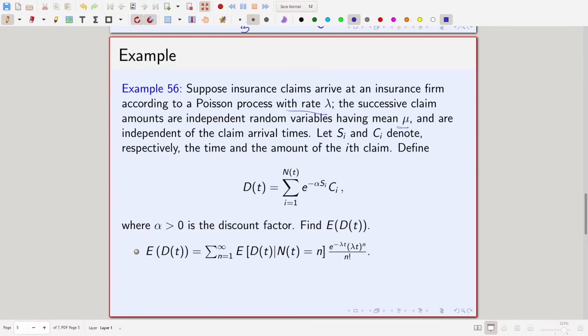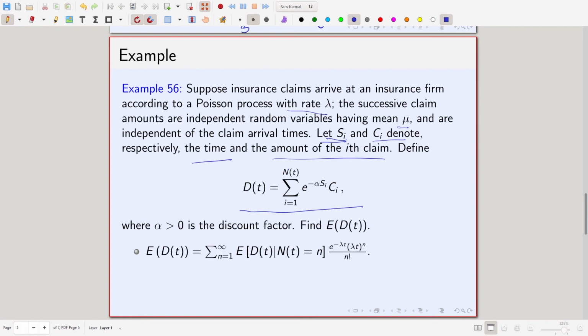Fine. Now let S_i and C_i denote respectively the time and the amount of the ith claim. So S_i is the time of arrival of the ith claim and C_i is the amount or size of the ith claim. Now I define D_t to be equal to the sum, i running from 1 to N_t, of e to the power minus alpha S_i times C_i.